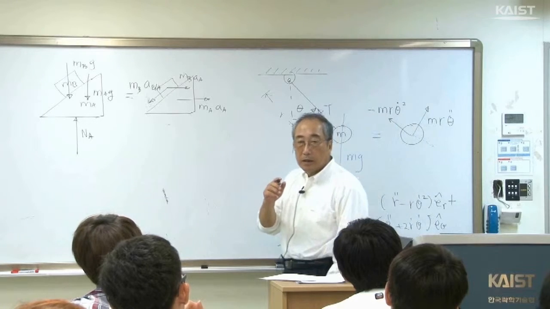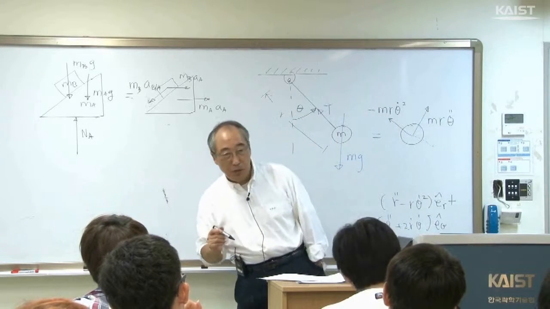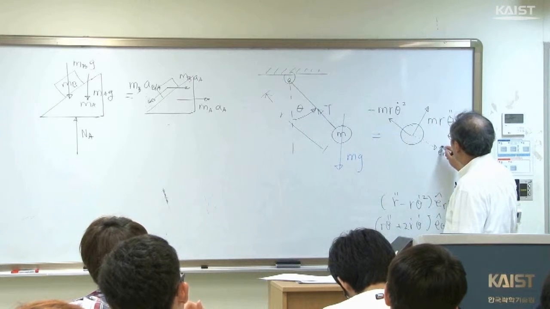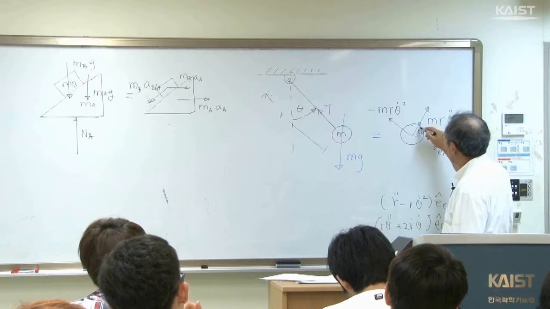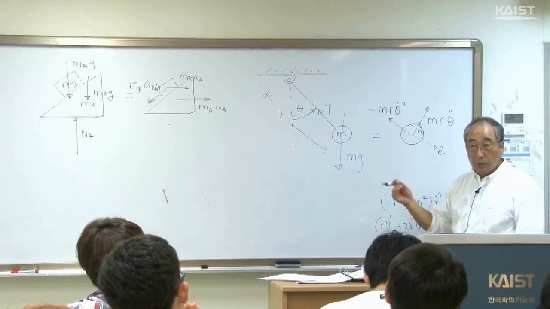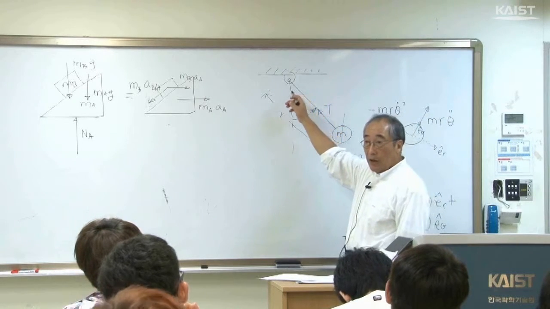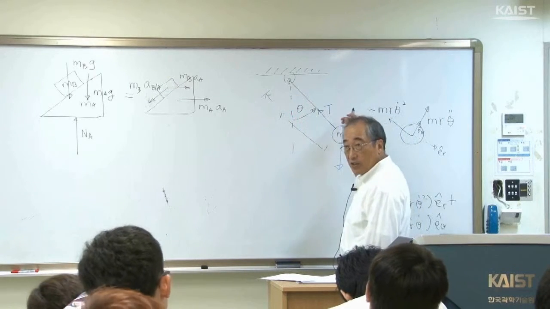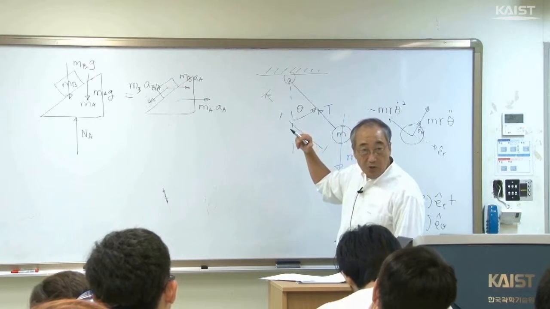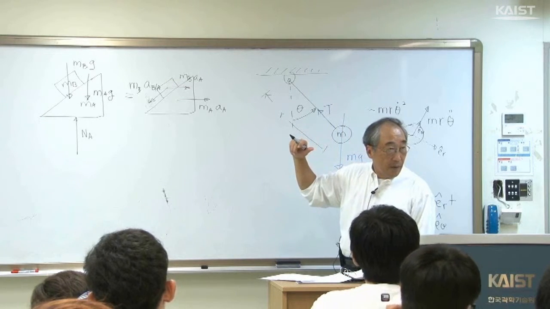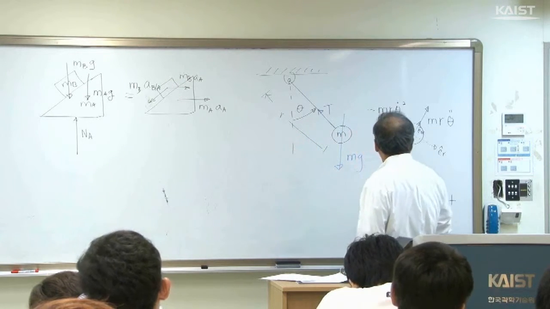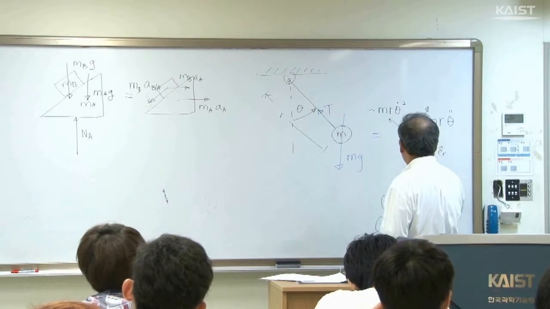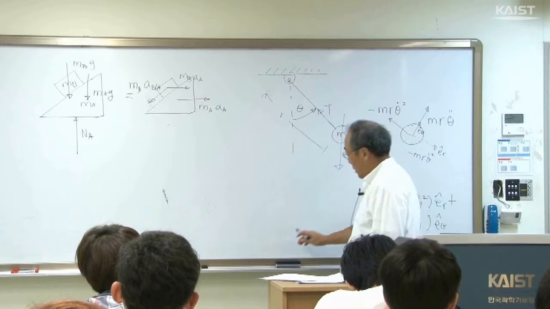Okay. He is correct. Many people were confused. This is the e r direction, and this is the e theta direction. When we have the origin over there, the e r direction is in this direction and the e theta direction in this direction, r theta follows the right-hand rule, right? Okay? So if you find it convenient to use this, then you can say minus m r theta dot square over there.